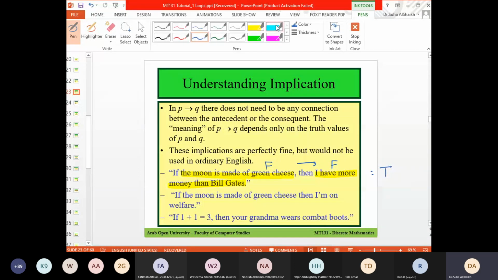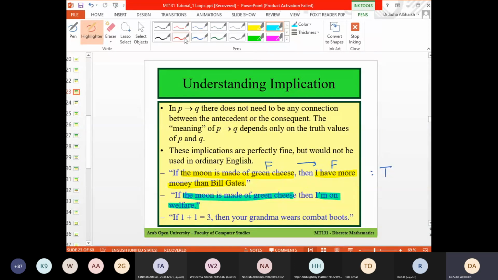So this is another one. Now, if the moon is made of green cheese, رايحة للسنتنس اللي هي إيش؟ I'm on welfare.